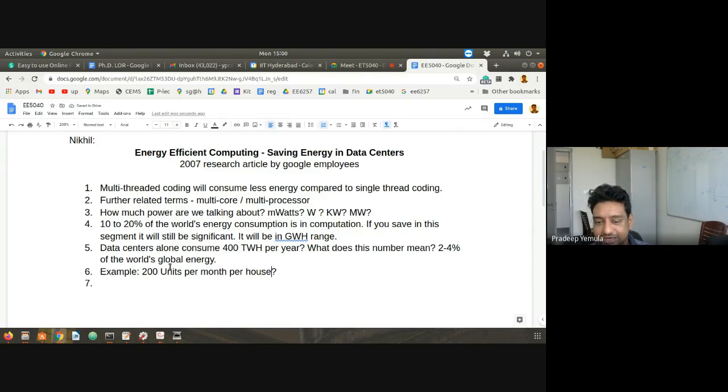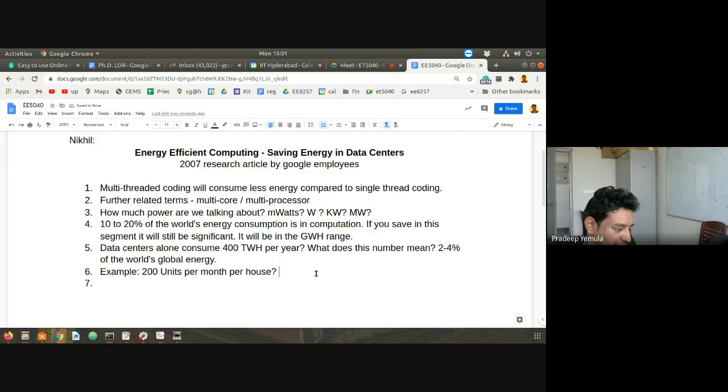Did anybody have a chance to look at your electricity bill and see how many units your house is consuming? Any other numbers you want to propose? You are living in your house, right?